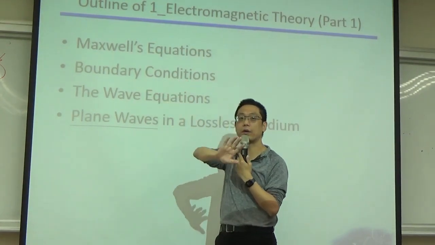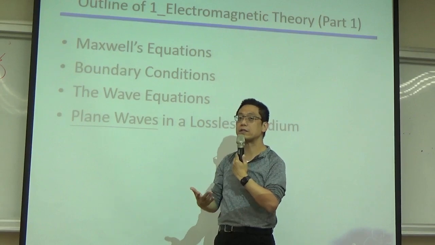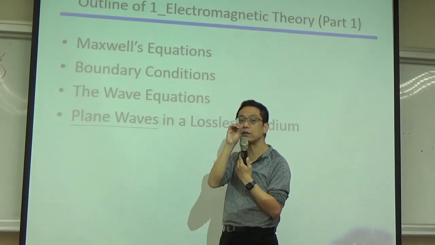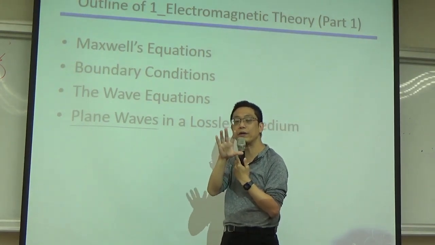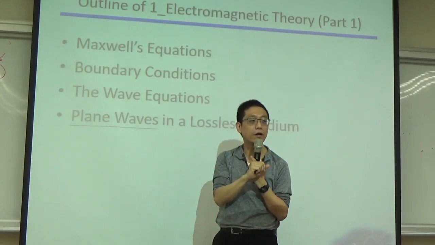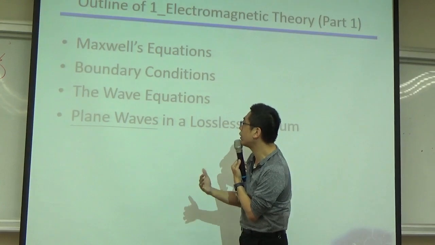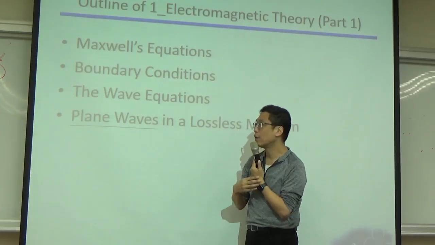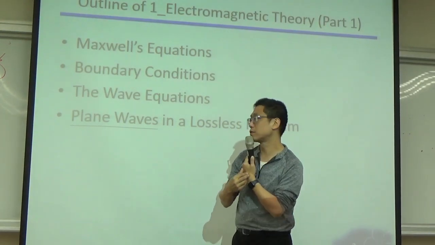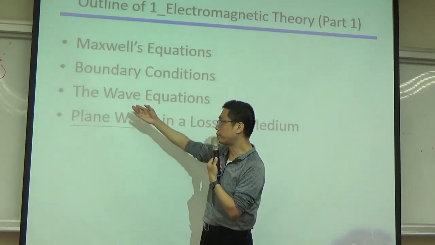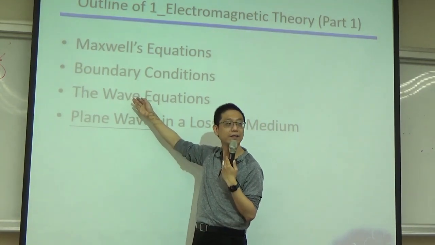Then I will keep going, but before I start, I'm trying to tell you more about what we are going to learn before your midterm. Okay? After boundary conditions, I will try to explain what waves look like.